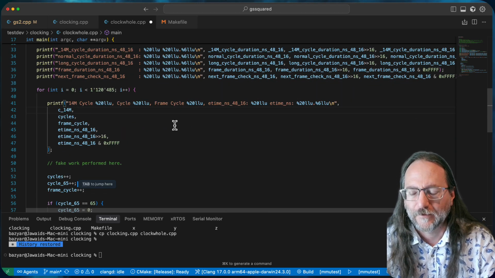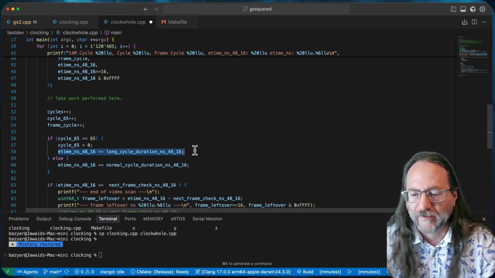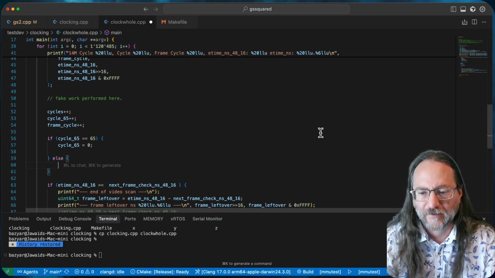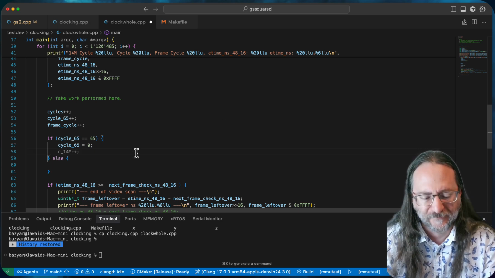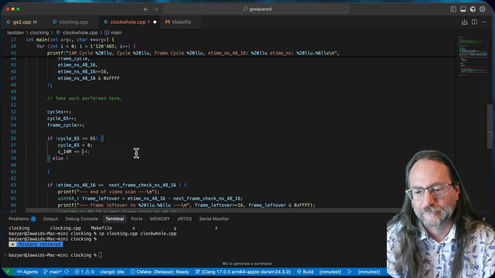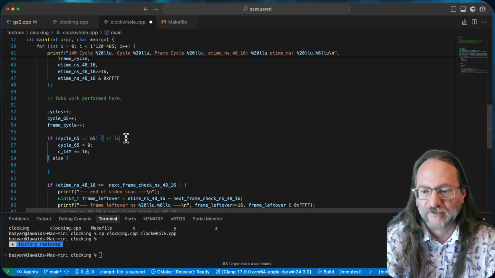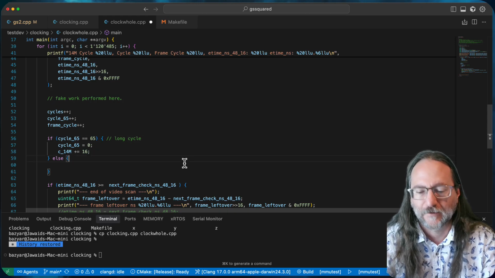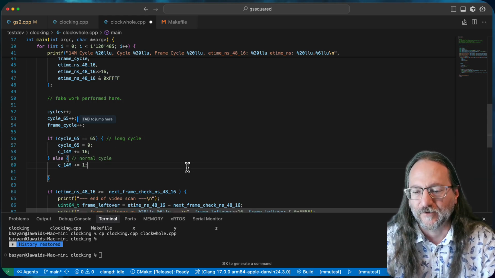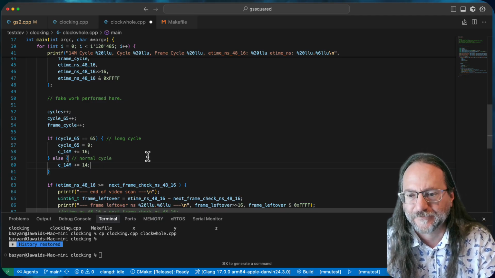C14M. I might get rid of the elapsed time here. This is a long cycle. Normal cycle. Yeah, that's not right there.